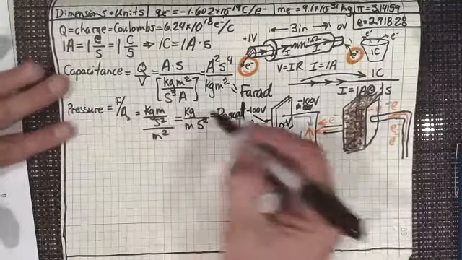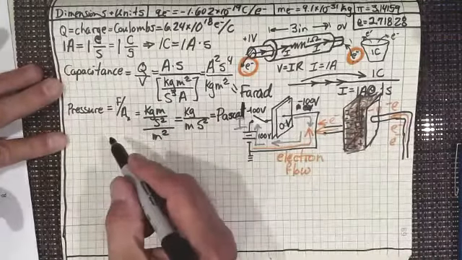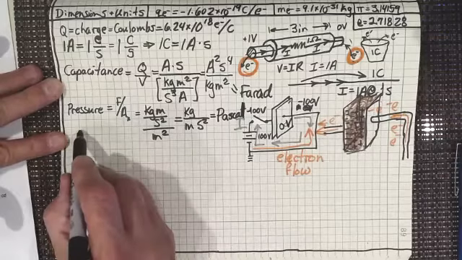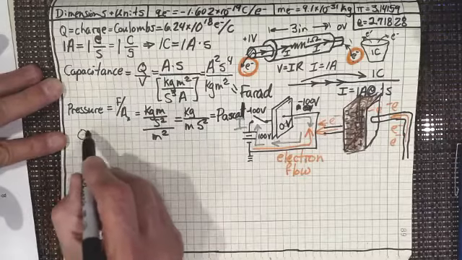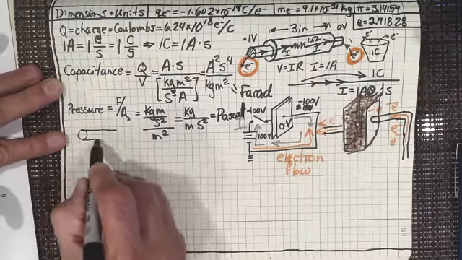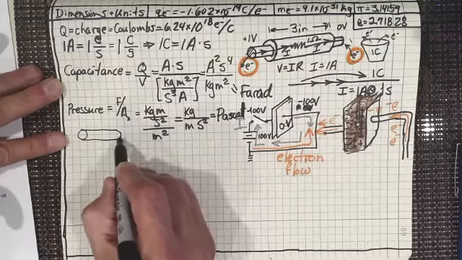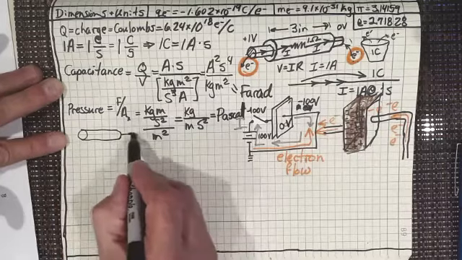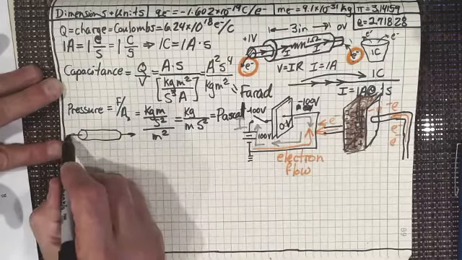Now, when I say pressure, this could also represent stress, because if we looked at, let's say, a tensile specimen, a piece of steel or a piece of aluminum, and we were pulling on that aluminum with a force, right?